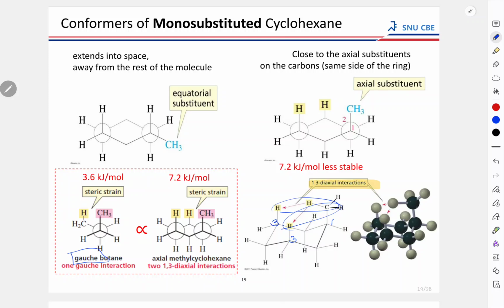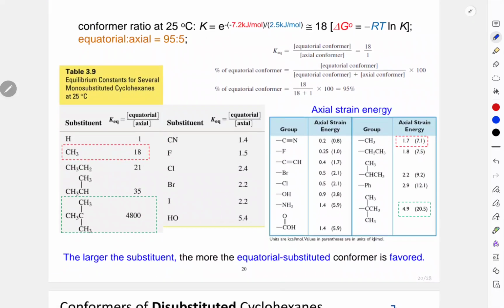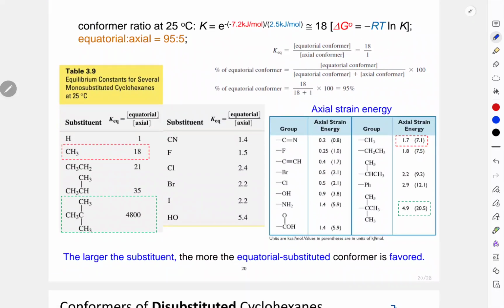그렇죠? Alright, and you can be perhaps more quantitative using this thermodynamic formula, right? You can calculate the degree to which the two conformational states partition. You can perhaps calculate the equilibrium constant, right?